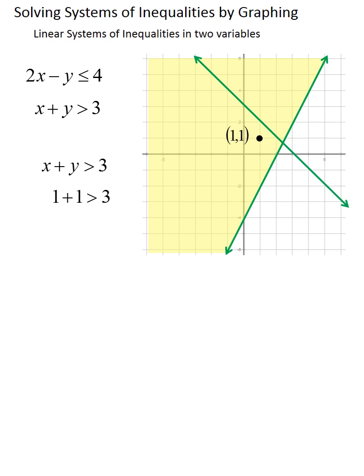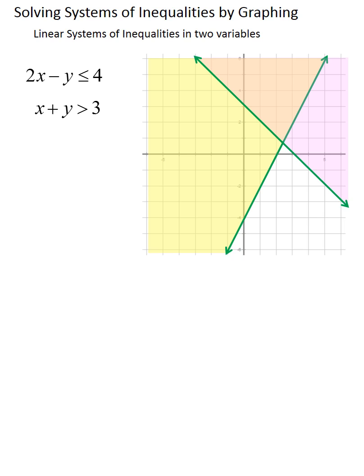By plugging in 1, 1 to this inequality, we get a statement that's clearly false. 2 is not greater than 3. So that means that the point 1, 1 is a false point. But that means that all the true points must be on the other side of this line. And therefore, the pink shading represents all the true points for our second inequality.